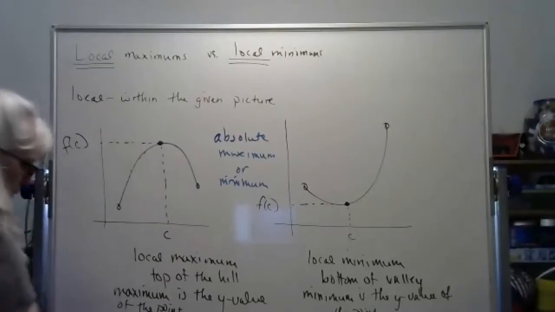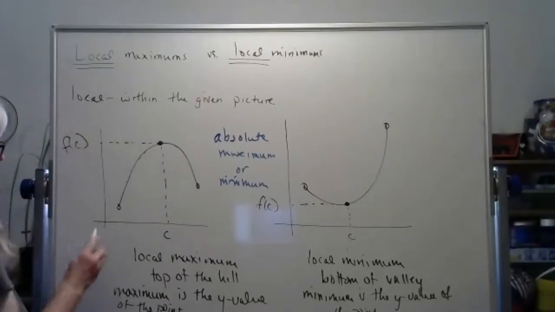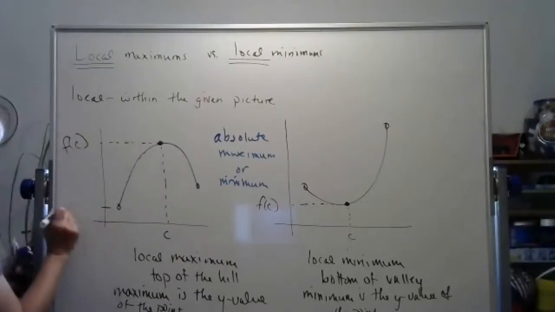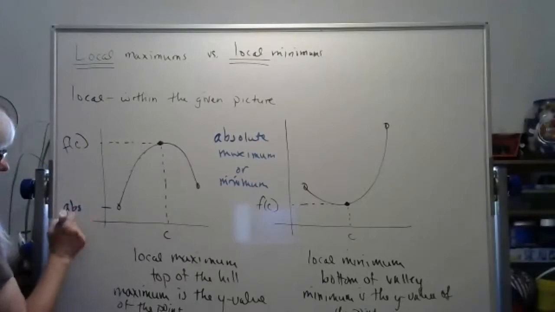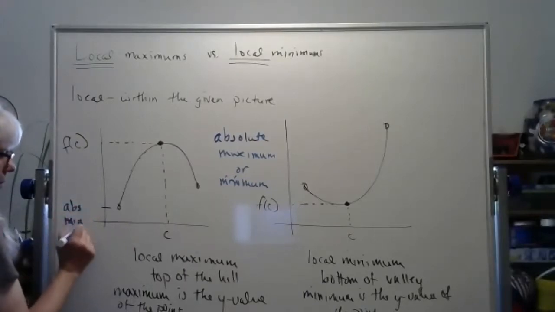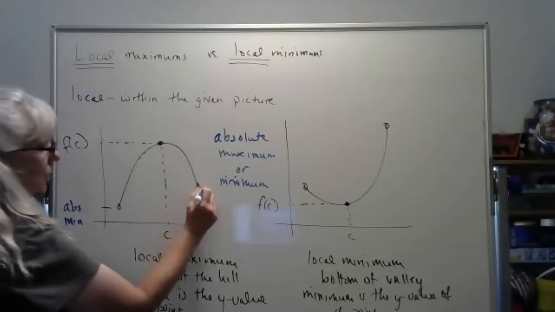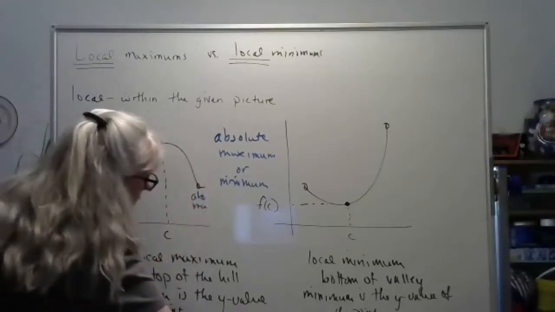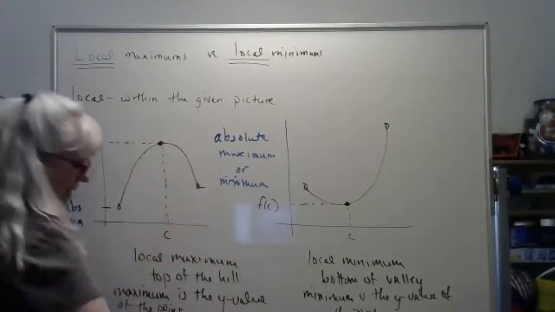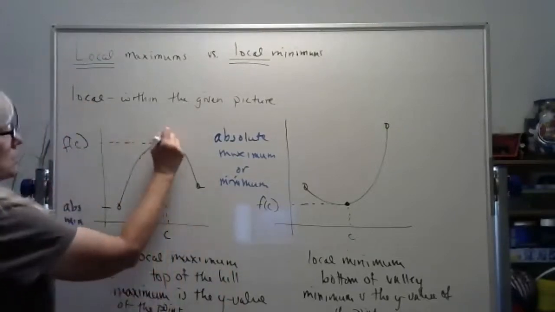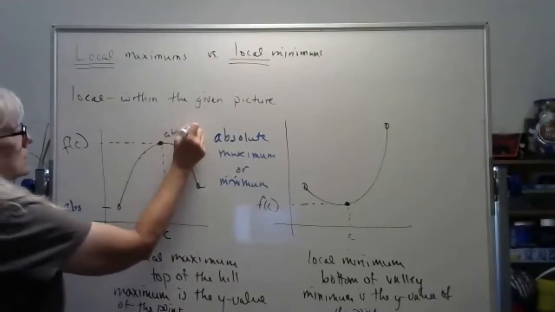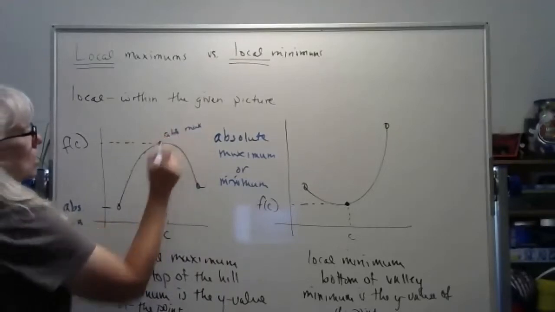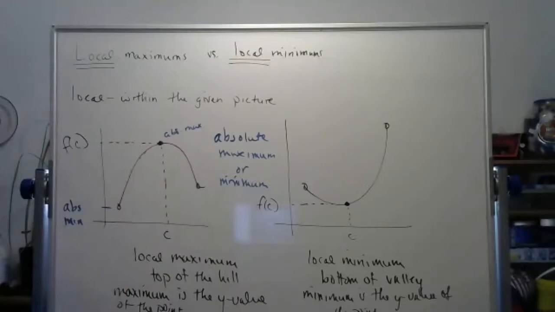So for my first picture, we could see that this would be the absolute min. I'm going to abbreviate that as ABS MIN for min. Whereas this point over here would be the absolute max. Sorry, not that one. This local min up here is also your absolute max.